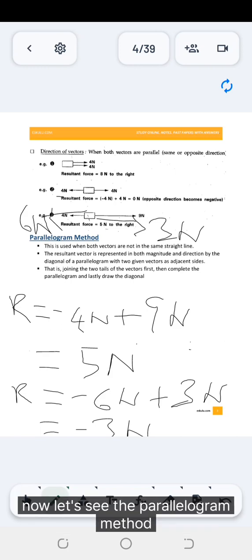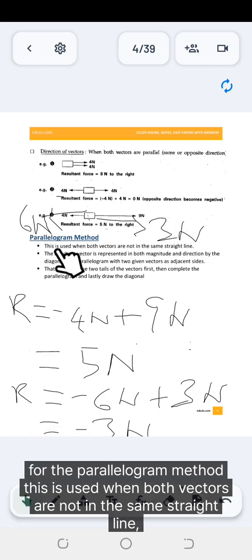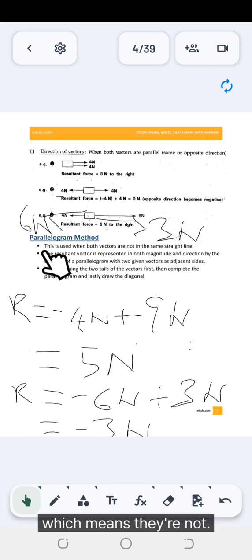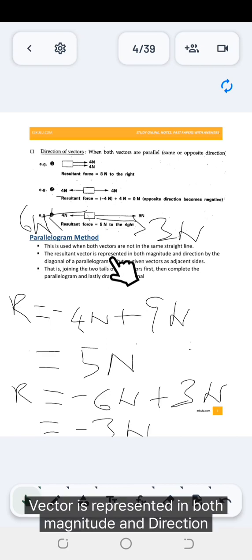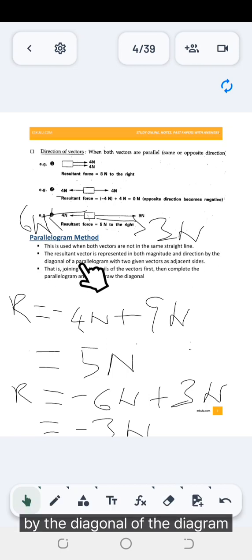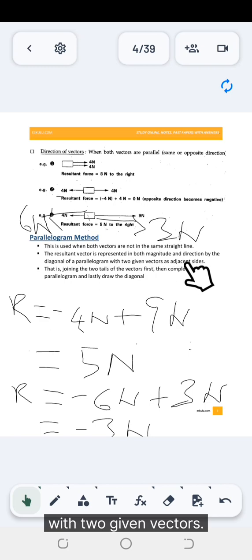Now let's see the parallelogram method. This is used when both vectors are not in the same straight line, which means they are not parallel. The resultant vector is represented in both magnitude and direction by the diagonal of the diagram, with the two given vectors as adjacent sides.